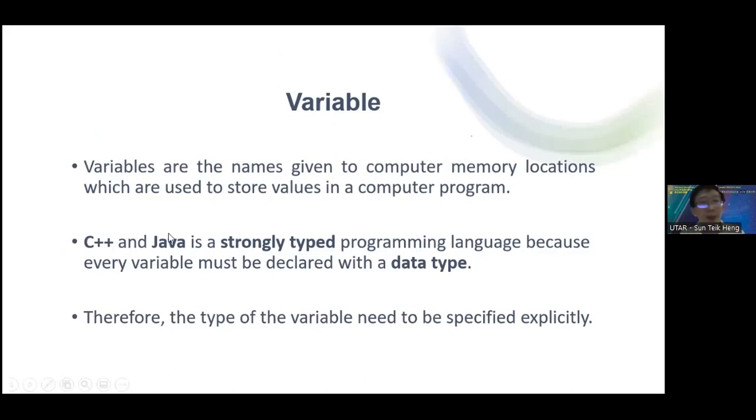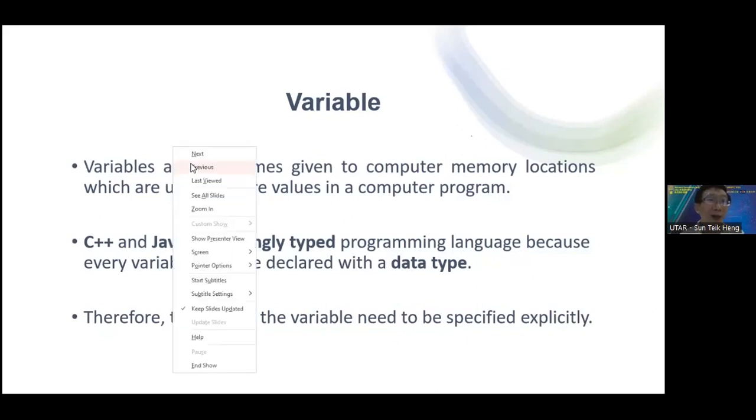So C++ and Java are strongly typed programming languages. When we talk about strongly typed, it means that when you declare a variable, when you create a variable, you must mention what type of data that variable can store.